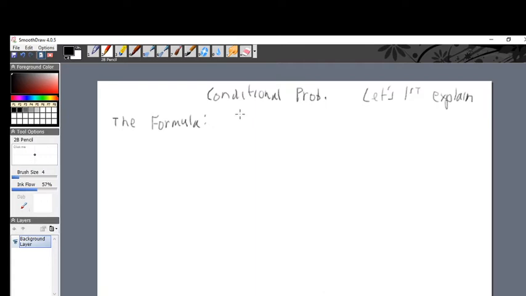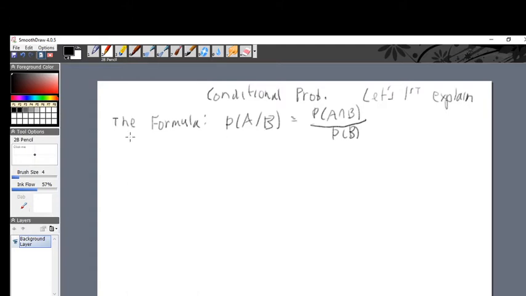The probability of A given B is equal to the probability of A and B over the probability of B.